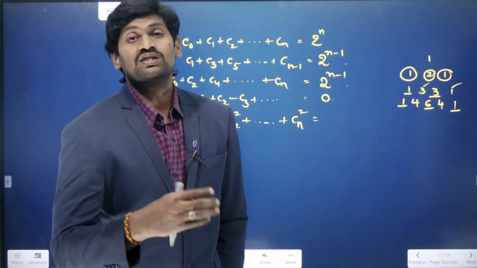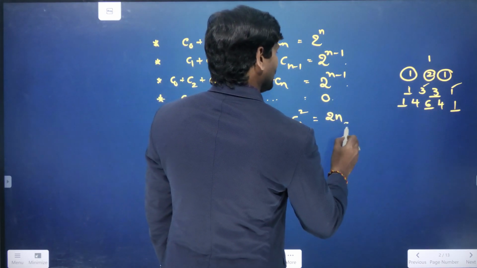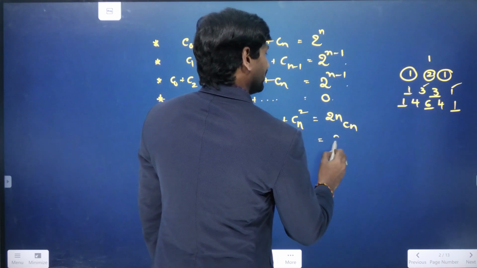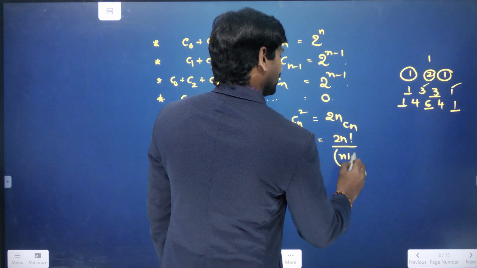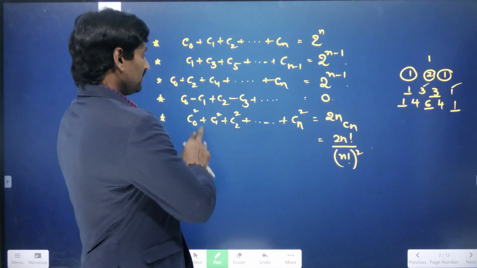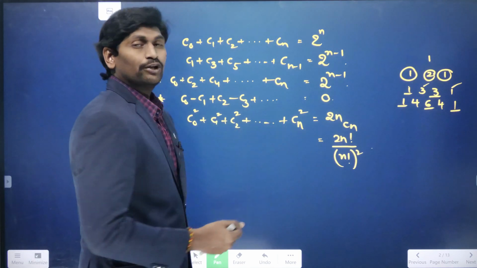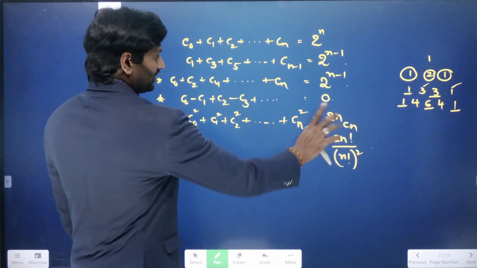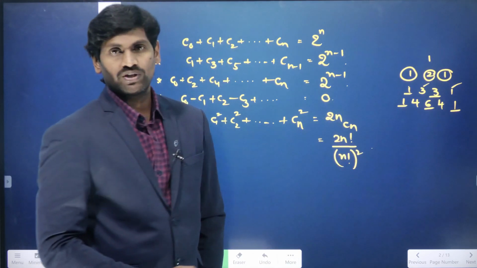Sum of the squares of the coefficients, that is nothing but 2n Cn, or simply we can write 2n factorial by n factorial whole square. This is the formula you should remember. Sum of the squares of the coefficients of a binomial expansion equals 2n Cn, nothing but 2n factorial by n factorial whole square.